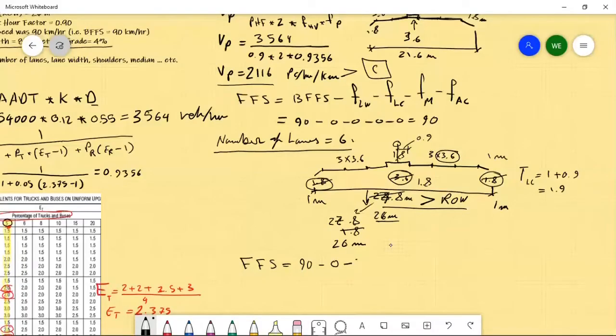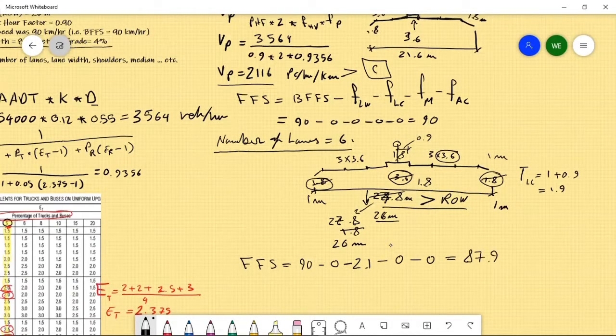So this is 2.1. And the median, there is median, so there is no reduction. The access point is still, we don't have access points. So the free flow speed in this case will be 87.9 kilometers per hour.